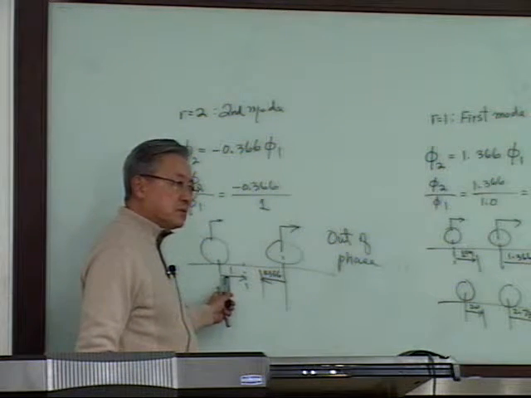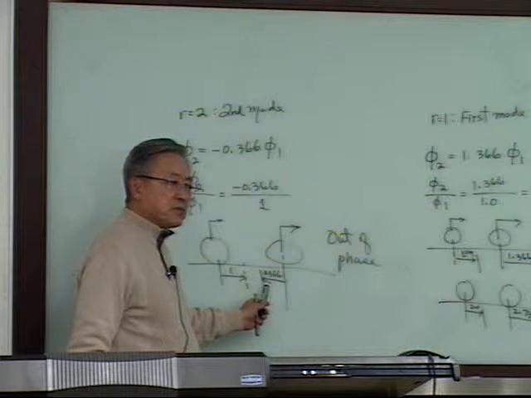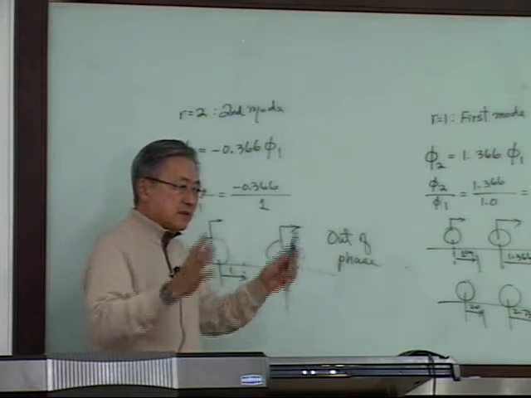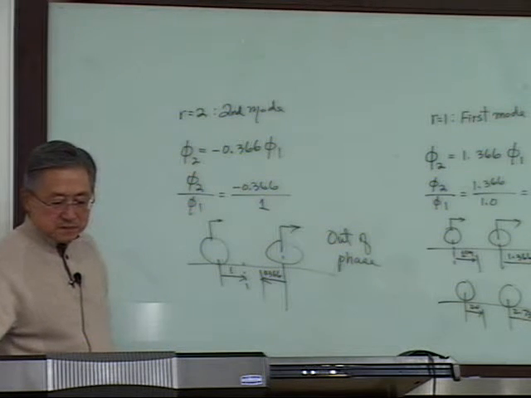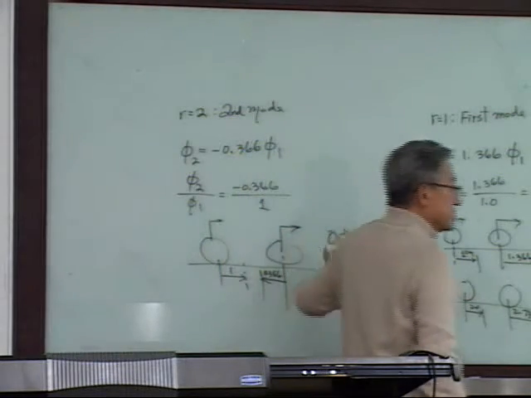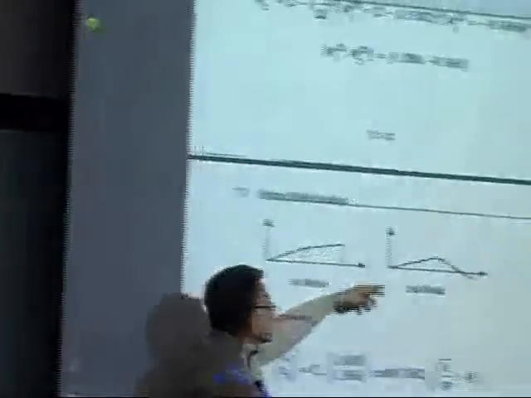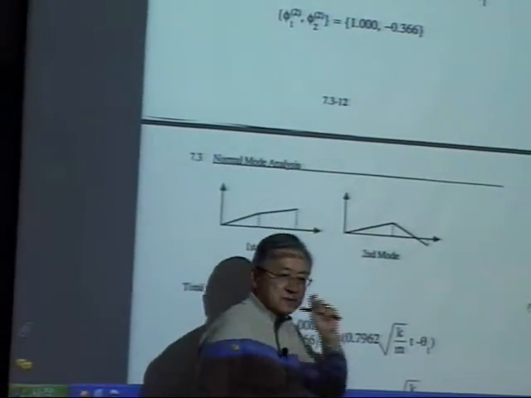If it's 2, then this is going to be twice minus 0.366. Out of phase. The ratio is important, not the absolute value. I wrote that direction, but this direction is more realistic. First mode, same direction. Second mode, out of phase direction.